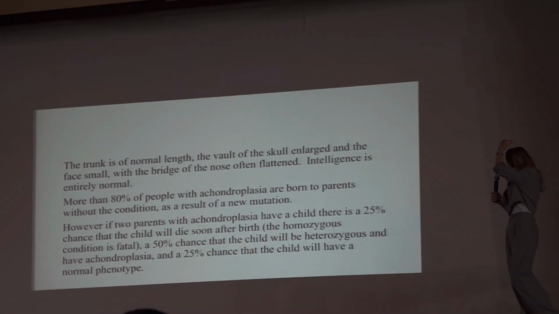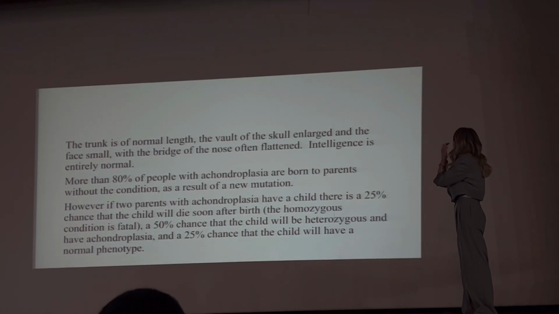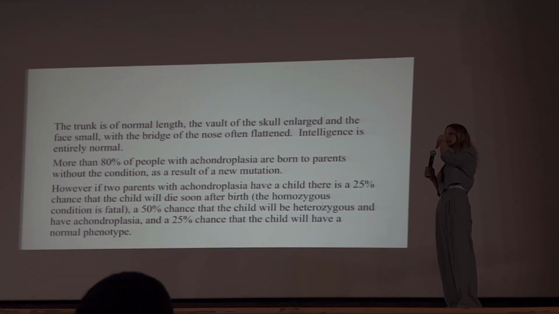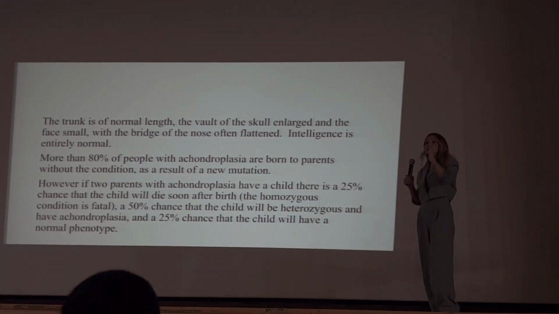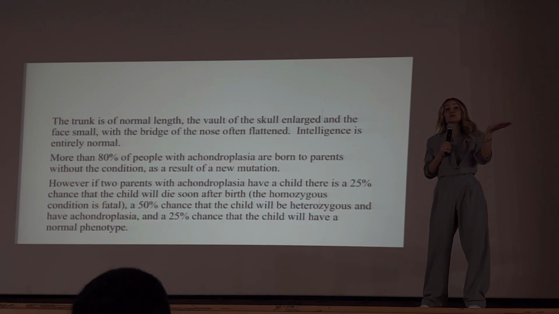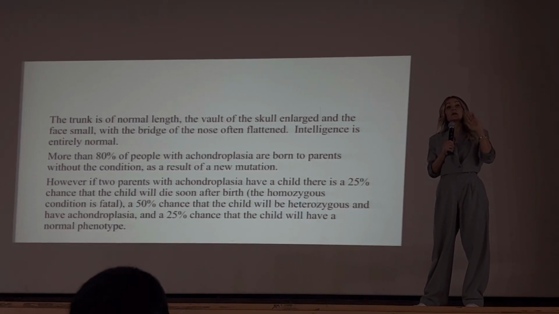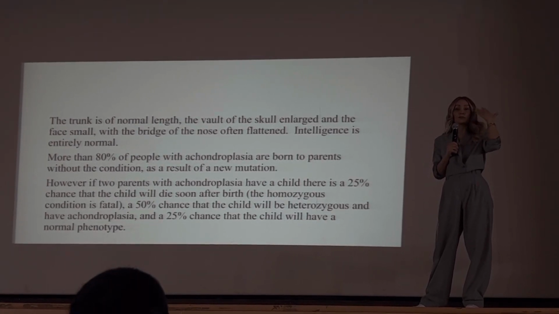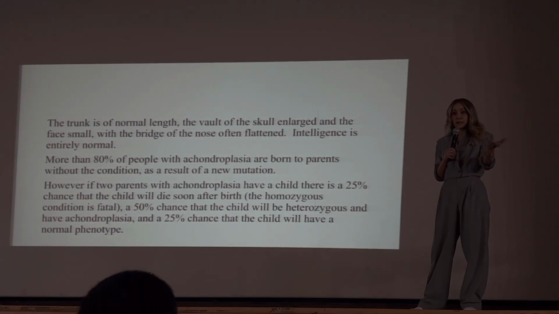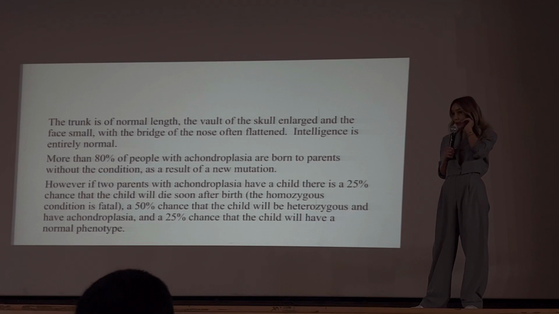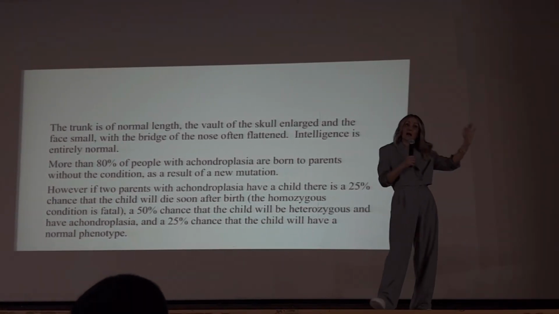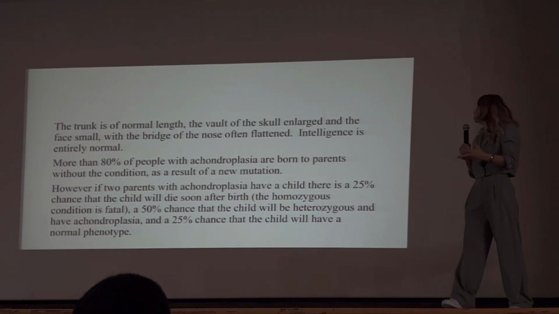The vault of the skull is large, with a small face and a flat nose, with a depressed bridge a bit. Intelligence is entirely normal. Despite the short stature, the intelligence percentage is normal.